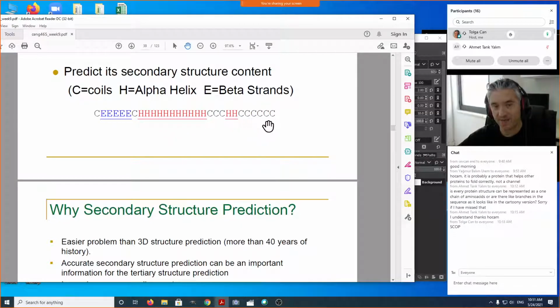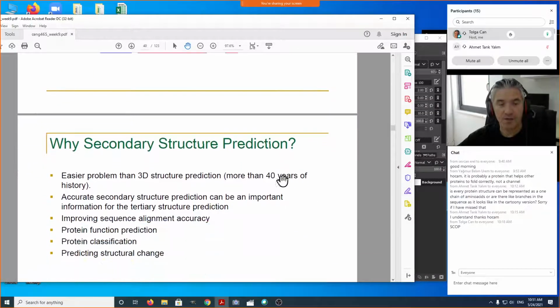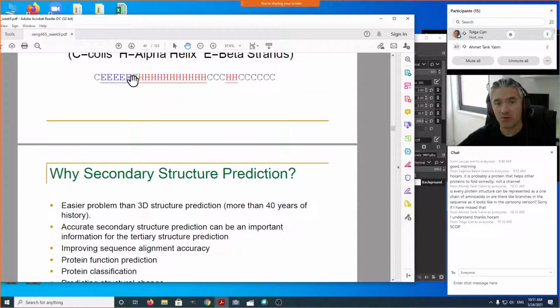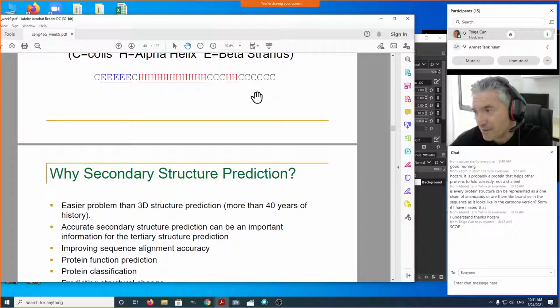So you may have different three-dimensional structure prediction methods after you find the secondary structure first. It's an easier problem than 3D structure prediction. It's mostly a solved problem, with more than 90% accuracy in helix prediction, and close to 90% maybe for beta strand these days. So secondary structure prediction is mostly a solved problem.